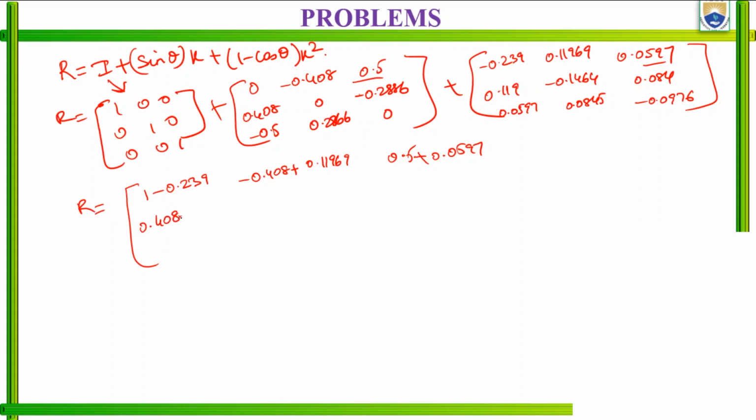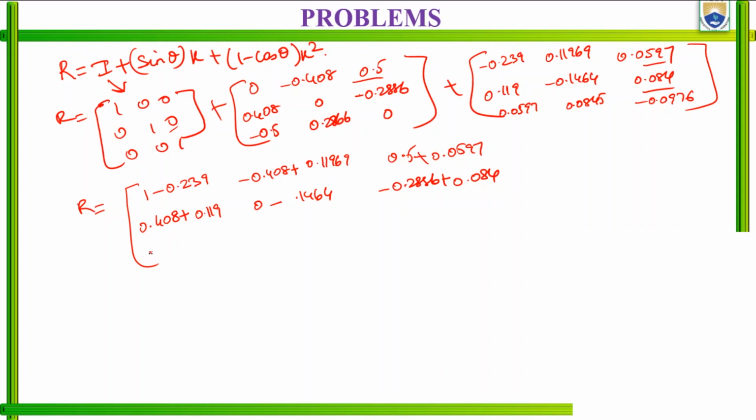0.408 plus 0.119. 0 into 0, 0. So 0 minus the 0.1464. This 0, 0, this will become minus 0.2886 plus 0.084. Right?